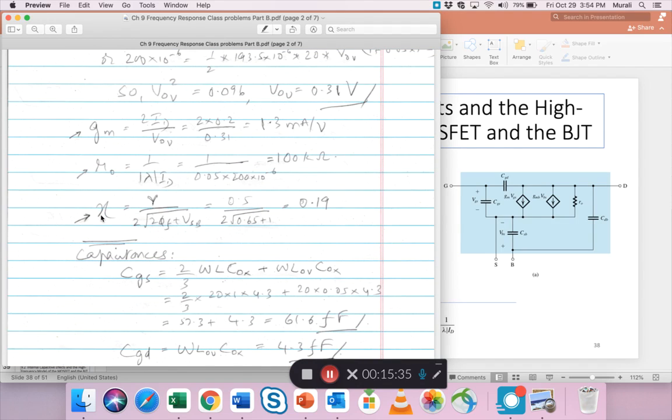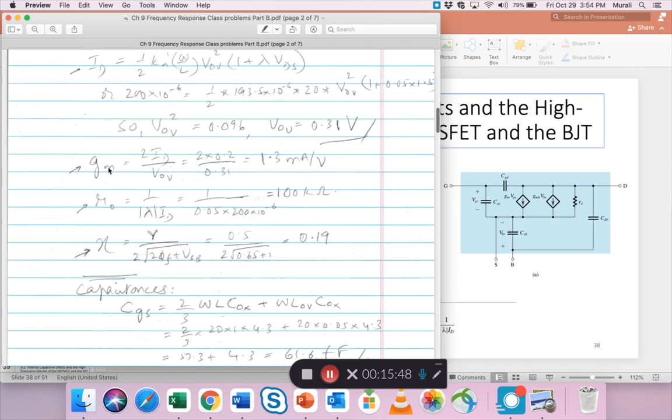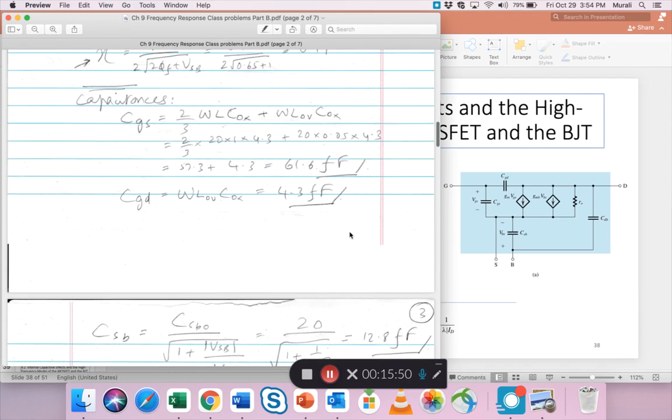And then this X, I must find out what this is, sigma by this formula. So that comes out to be 0.19. So you've got all these parameters now. Next, what we need are these capacitances. So for CGS, here's the formula, and you get 61.6. CGD, this is the formula, just this portion, which is 4.3.